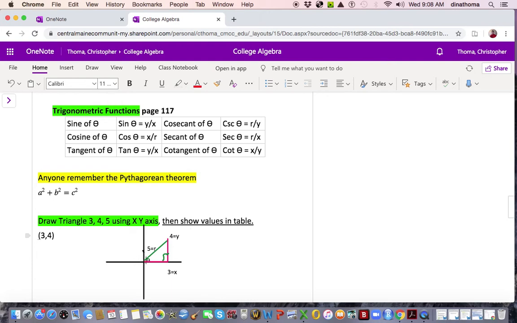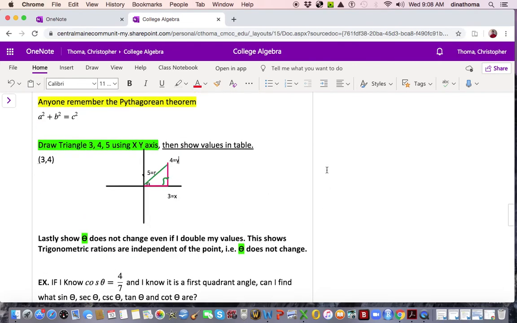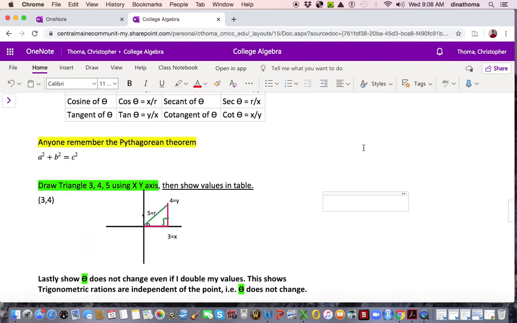All right, there's our angle theta. I can then do these functions. I'll do it here just so I don't mess up my drawings.